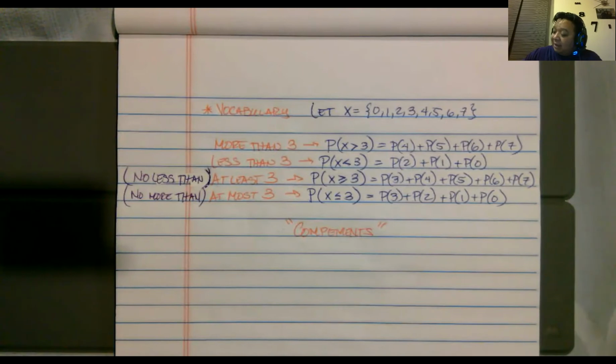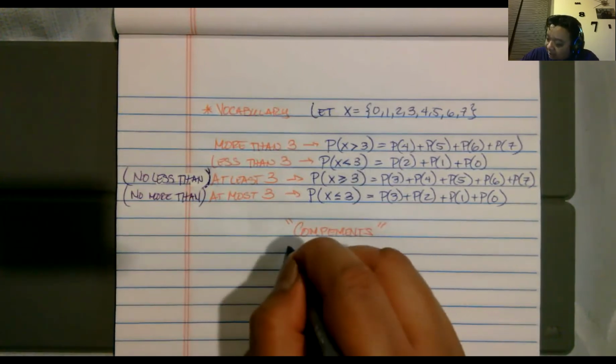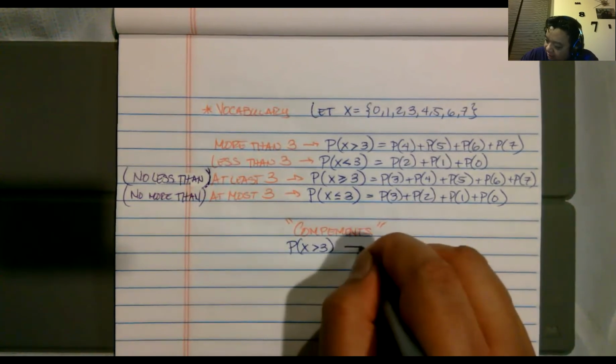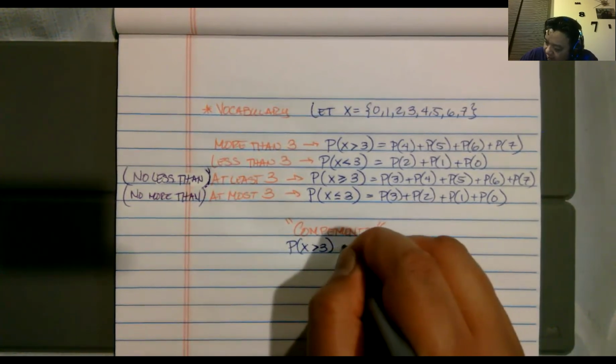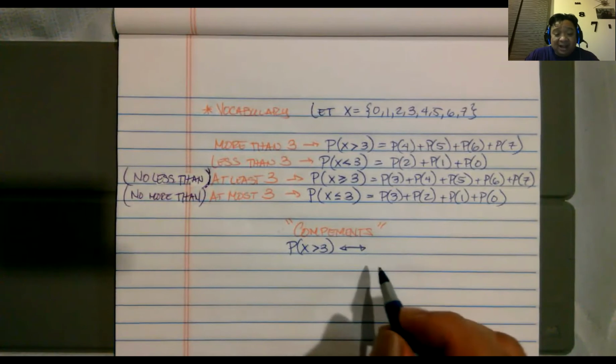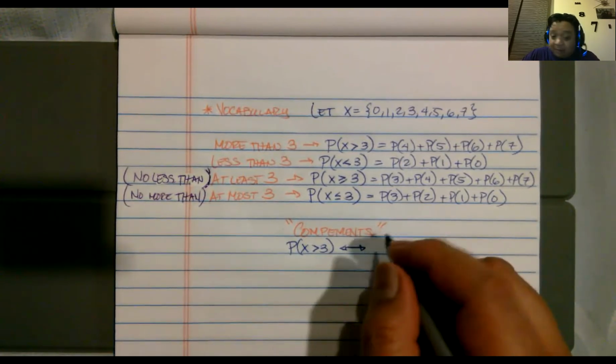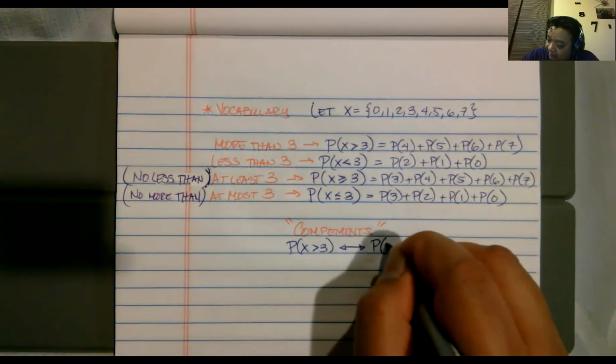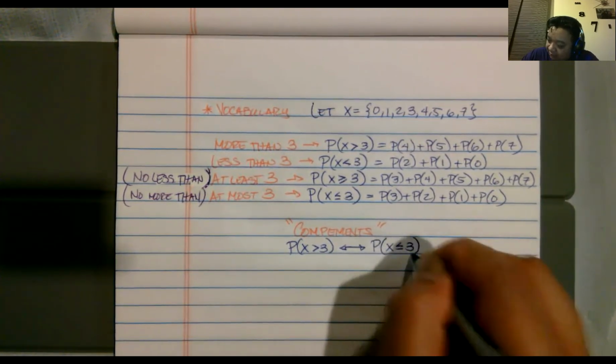For example, the complement of x greater than 3 is, don't put equals because they're not equal to each other. We're just talking about the complement relationship. So the complement of this is the probability that x is less than or equal to 3.